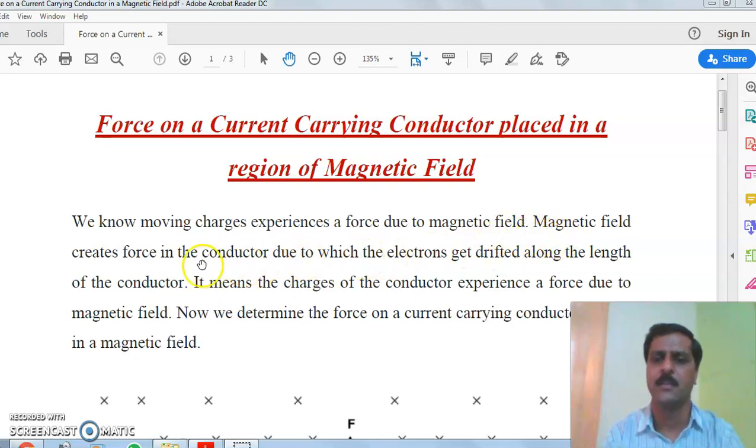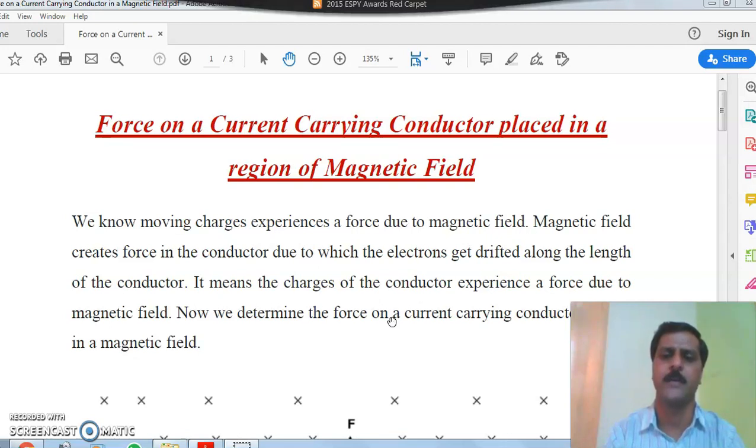Magnetic fields create force in the conductor, due to which the free electrons in the conductor get drifted along the length of the conductor, and when these electrons get drifted, they experience a force. Today we derive an expression for that force which is experienced by these free electrons in a conductor when that conductor is placed in a region of magnetic field.